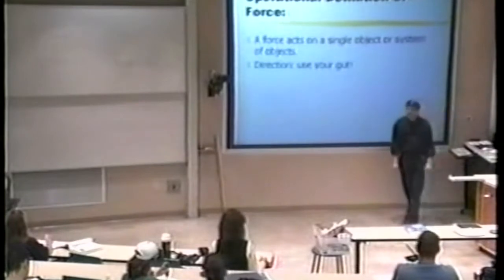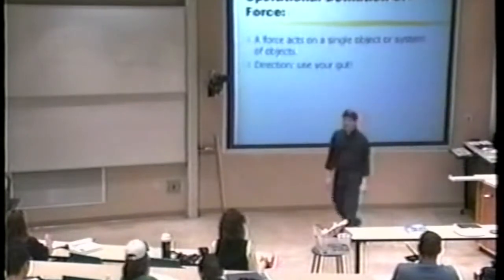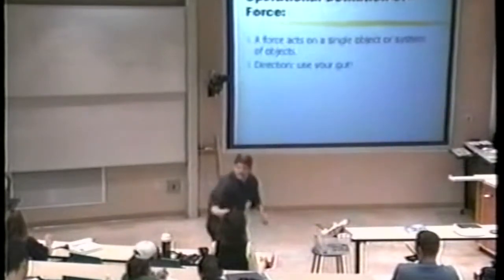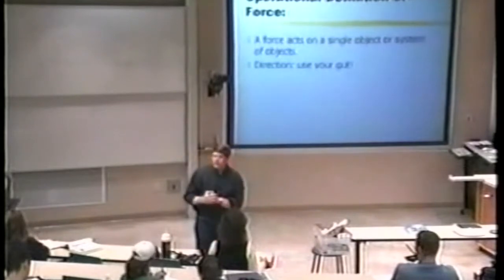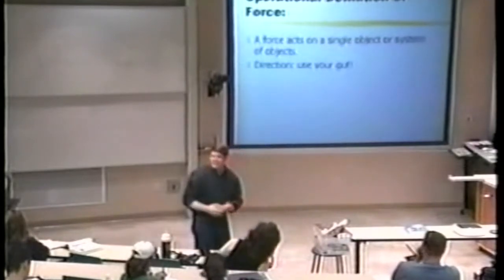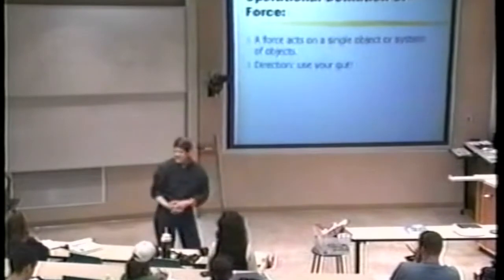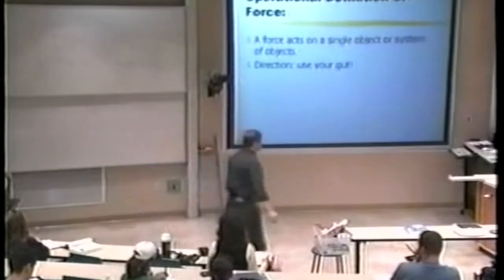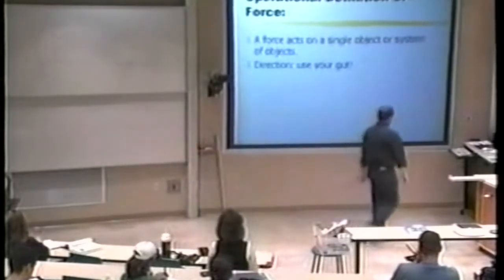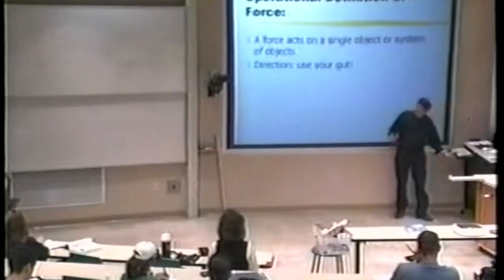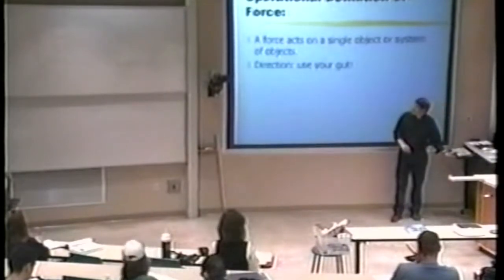And the direction of that force, just use your gut. You know, if I came and swung, the force acting on Chris's chin was clearly in the direction that the hit happened. You don't need anything sophisticated to define the direction. To get a magnitude, to get a number to go along with that, it depends on whether we're talking about a push or a pull.